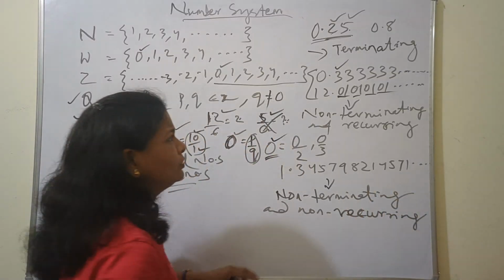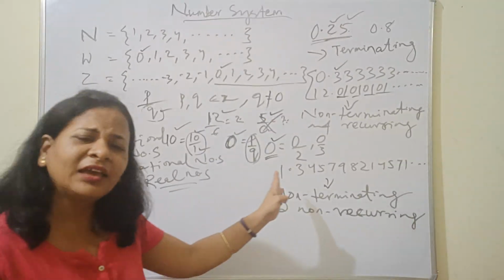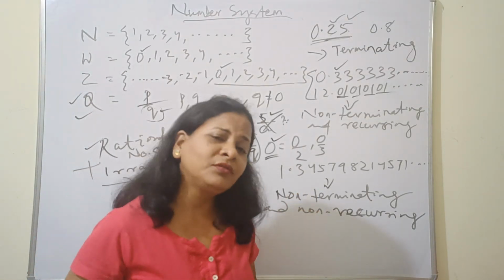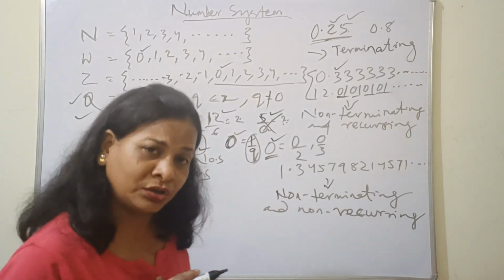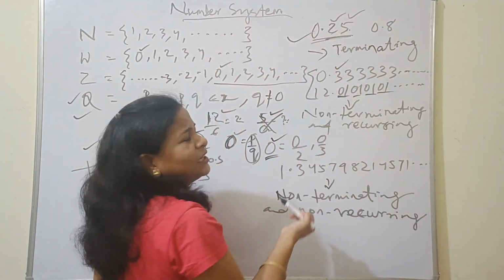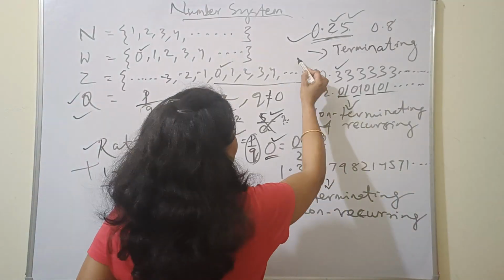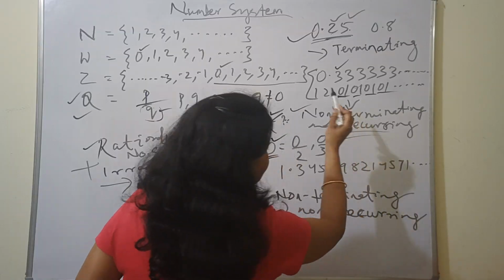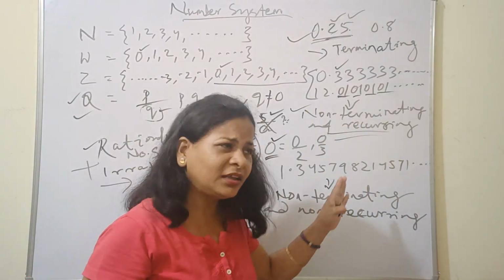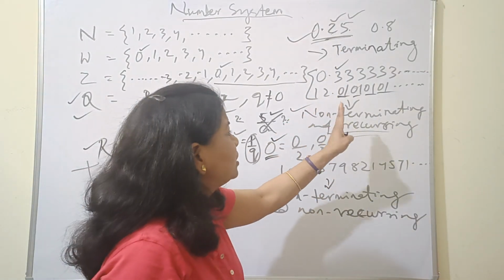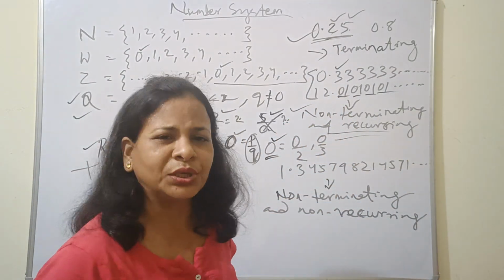I want to tell you that the rationals have what kind of decimal notation and the irrationals have what kind of decimal representation. So the rational numbers have either terminating decimal notation or non-terminating and recurring. Means a rational number can either have a terminating decimal notation or a non-terminating and recurring decimal notation.